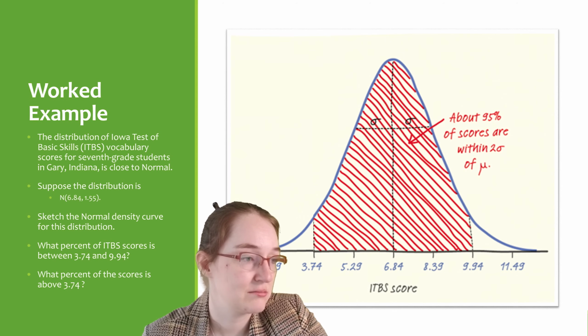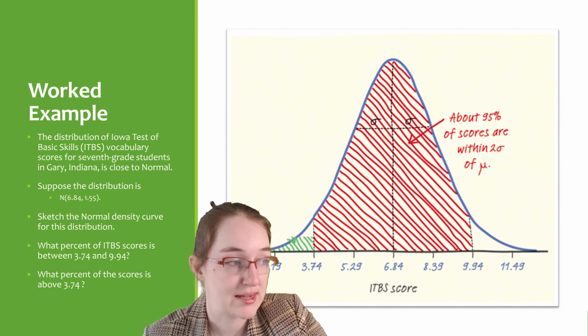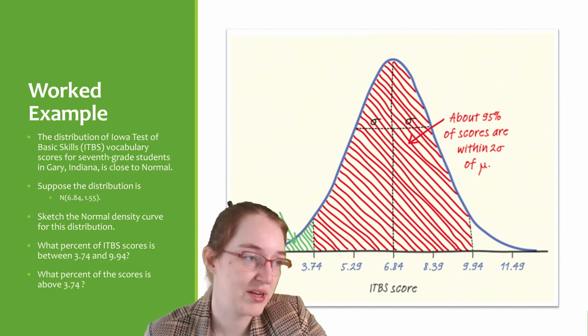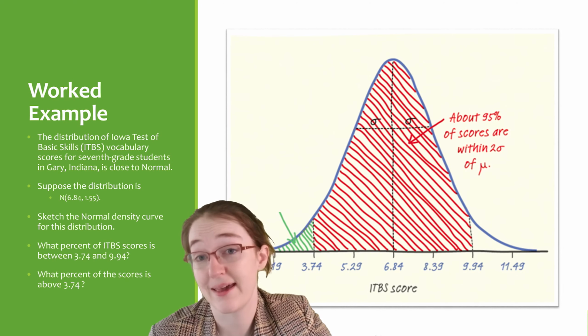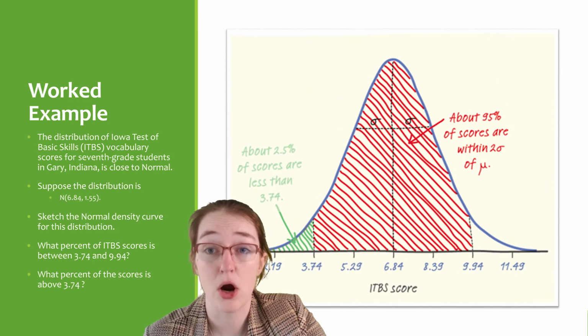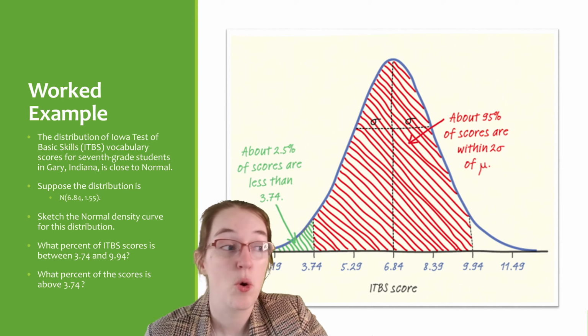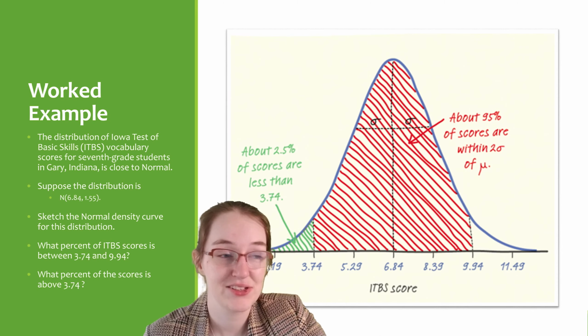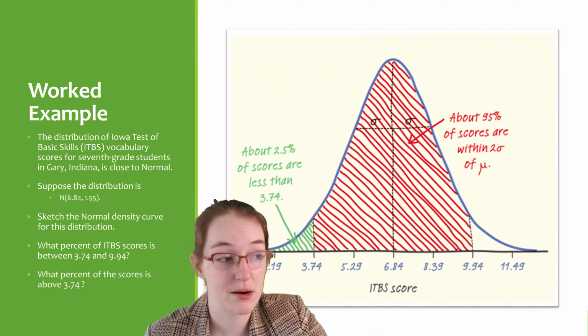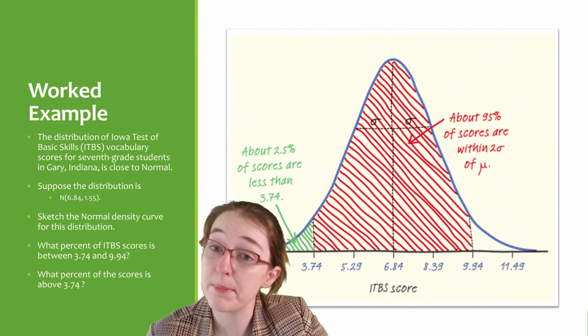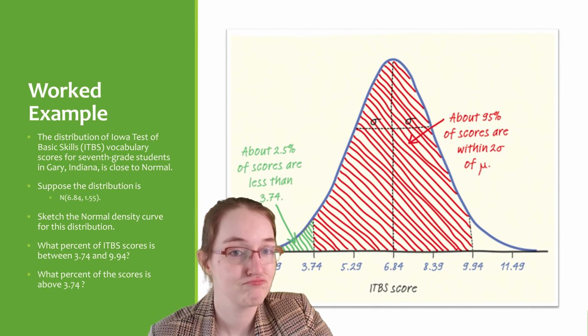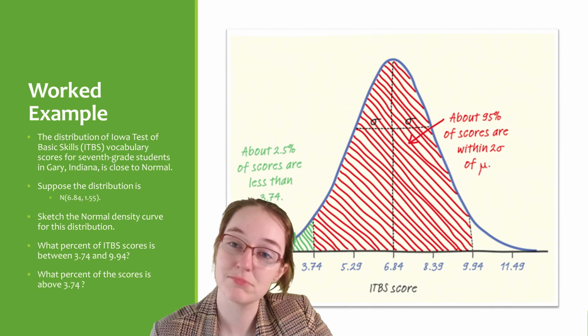And for our last little piece here, we can see that only 2.5% of our data are below this number, which means 1 minus 2.5% is how much of our distribution is above that number.